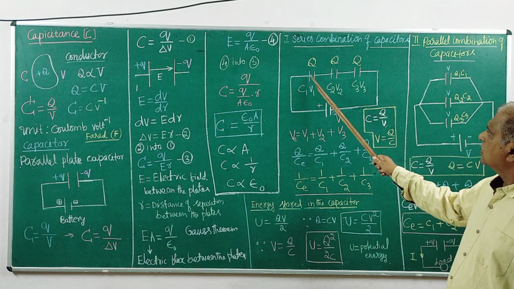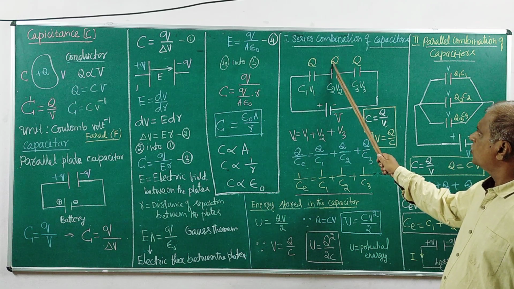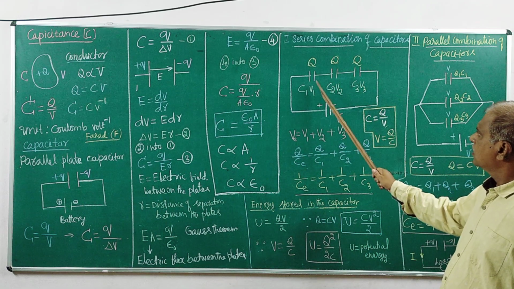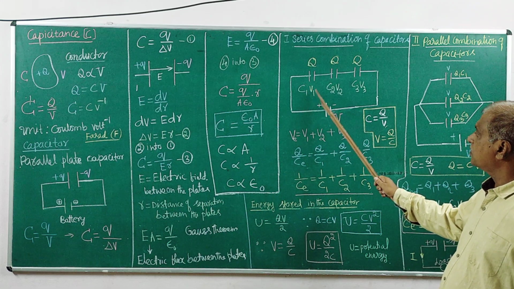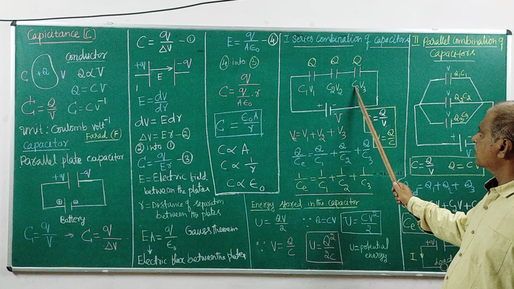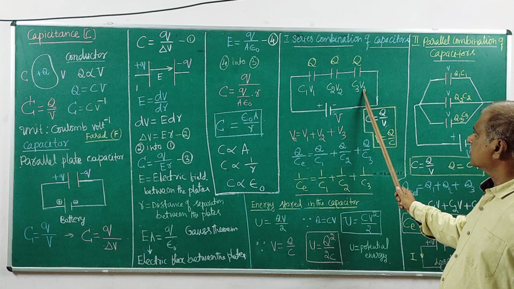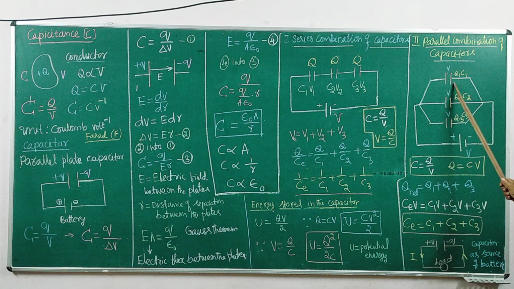On each capacitor, the same charge Q is accumulated, but each capacitor will have different capacitance and a different voltage, a different potential. In the parallel connection, each capacitor will have the same potential.